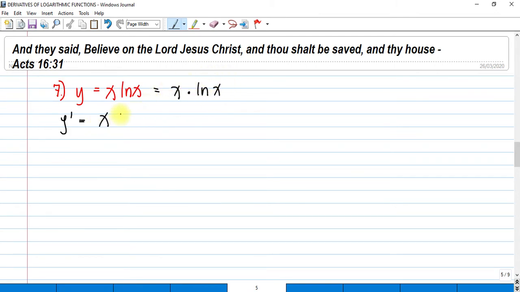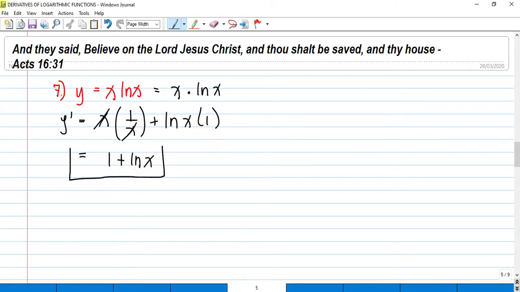We differentiate ln of x: u dv plus v du. So we have 1 over x plus, copy the v, that is ln of x, and then differentiate the x, that is 1. So x would cancel here. So what will happen? We have 1 plus ln of x. So this is our answer for this problem.